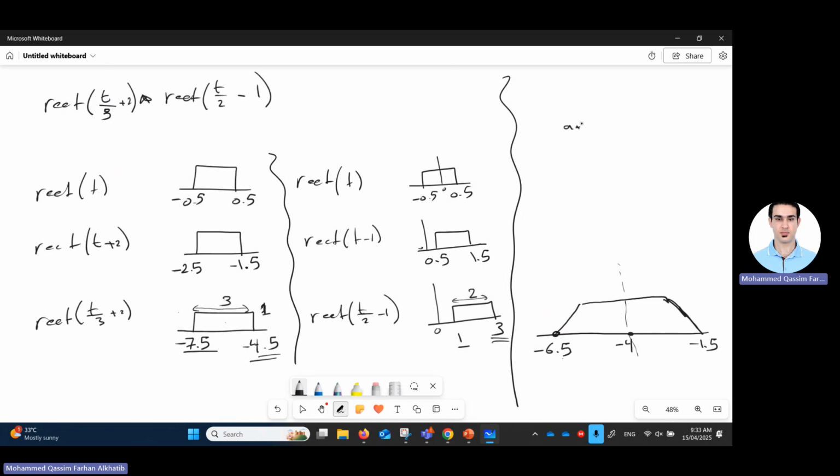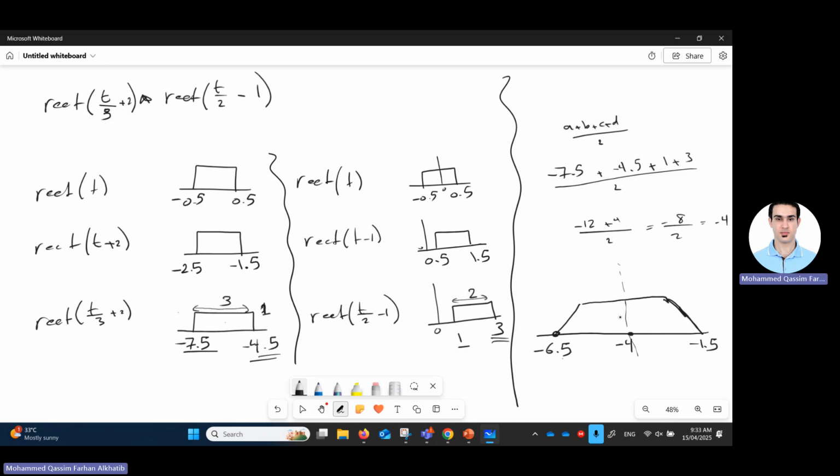It's A plus B plus C plus D over 2. So A, negative 7.5 plus negative 4.5 plus 1 plus 3, all over 2. That's going to be negative 12 plus 4 over 2, negative 8 over 2, negative 4.